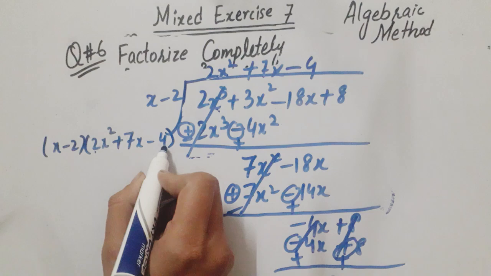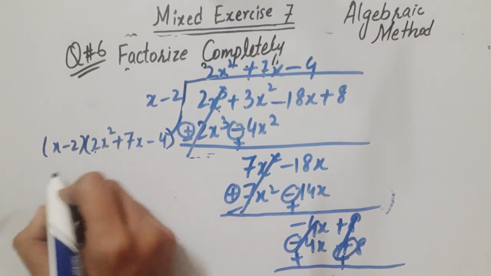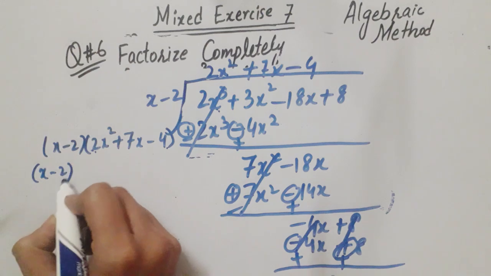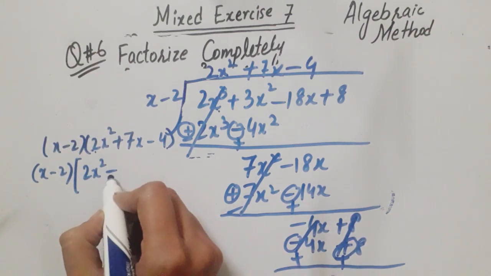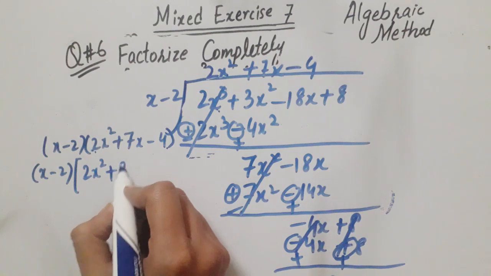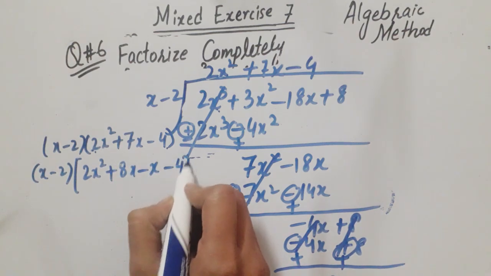Now we will find the factors of 2 into 4, that is 8, such that when they are subtracted they give 7. x minus 2 is written as is, and then we have 2x square plus 8x minus x minus 4.